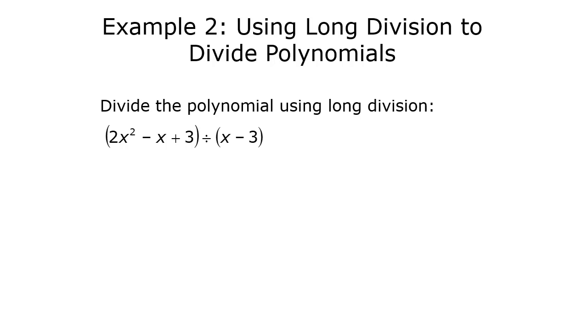You have to be dividing by a binomial, 2 pieces. The first piece has to be x, and the second piece has to be a constant. And that's it. You can't even do it if this is a 2x, right? It has to be 1x plus or minus a number, and that's the only thing that you can use with synthetic division.